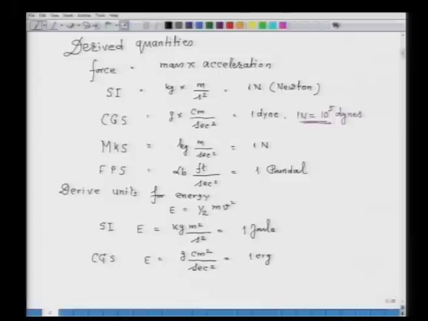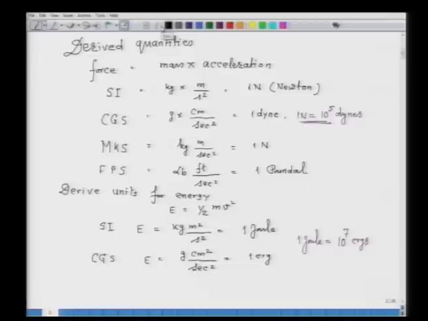Also the interrelation, 1 joule is equal to 10 to the power 7 ergs. That is also to remember.